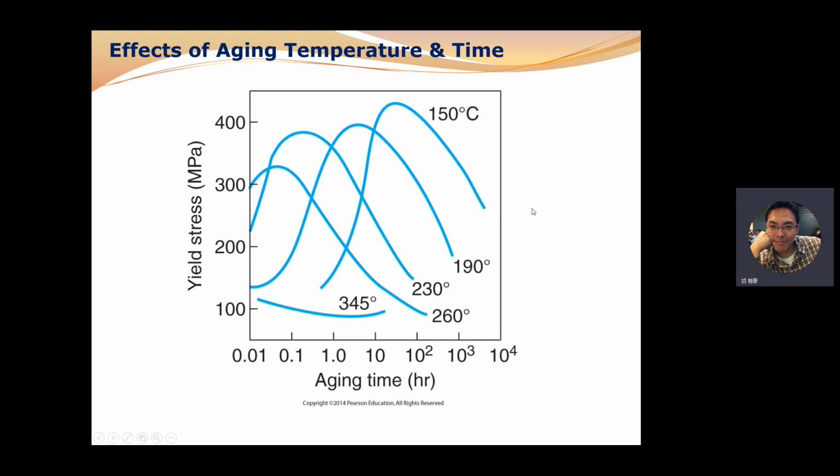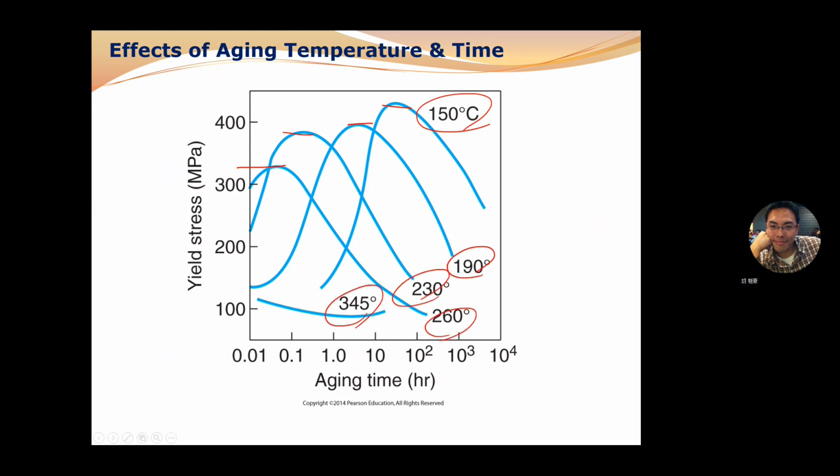Okay, so let's look at the effects of aging temperature and time. We have to find out the maximum strength corresponding to its aging time. Here is the same alloy with different aging temperatures.